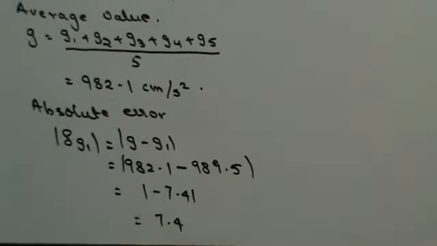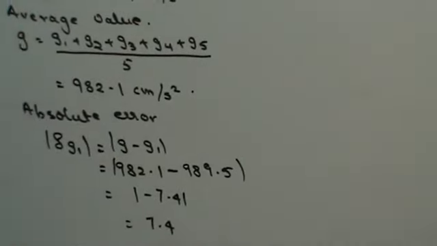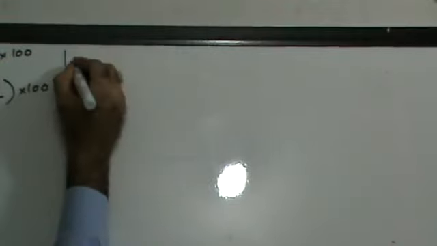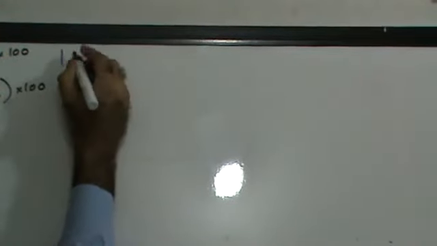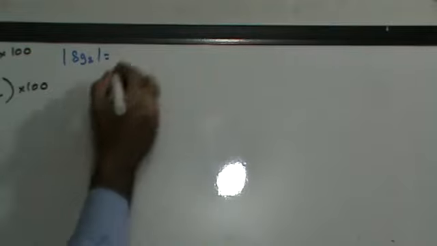I have shown you how to find one absolute error. The remaining I'll give you the answer. You should be able to find them out. Absolute error in G2, same way as I just explained, is going to be 2.6.